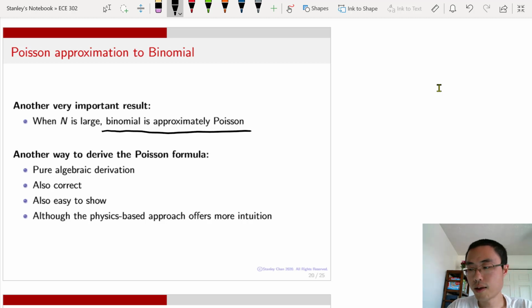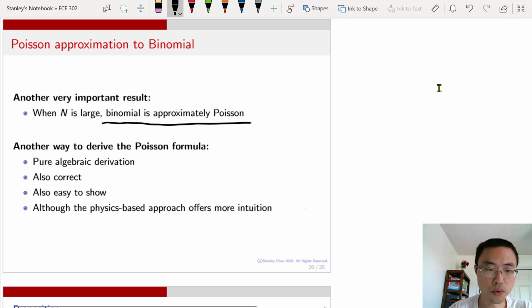You can think of it as another way to derive the Poisson formula, which is the limit of a binomial random variable. But I would say that the physics-based approach, which we just went through, is more intuitive than the thing that I'm going to describe.